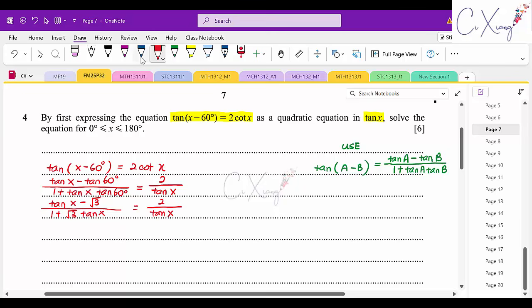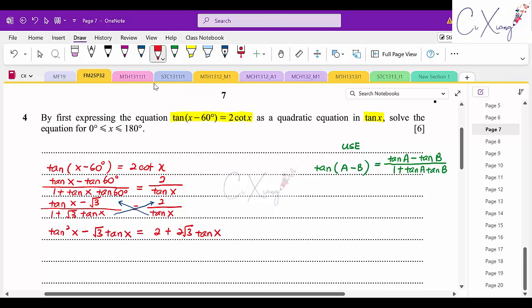Then I want to get rid of the denominator, so I multiply the denominator to the other side on top. So I'm having tangent square x minus square root 3 tangent x equals 2 plus 2 square root 3 tangent x.